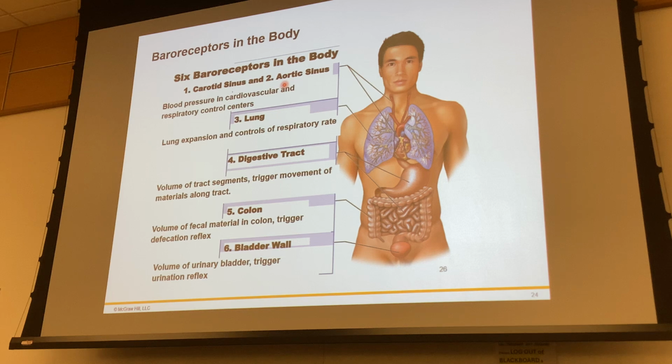When the signal from the brain says to increase respiratory rate, you don't want to increase it too much, but enough so that an appropriate amount of oxygen goes to the body, to the brain especially. And so there are pressure receptors, or baroreceptors, in the lungs. I definitely want you to recognize individual receptors as a carotid sinus, an aortic sinus, or the lungs. So those three are specific.